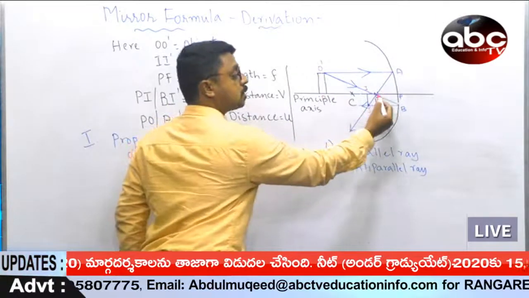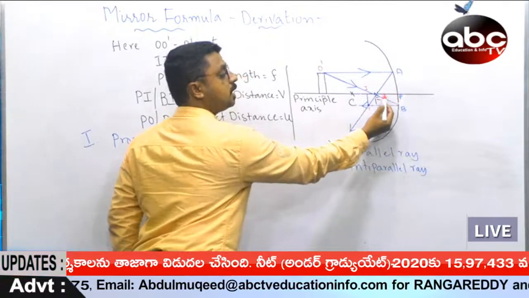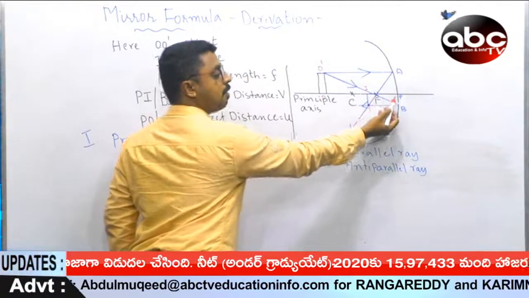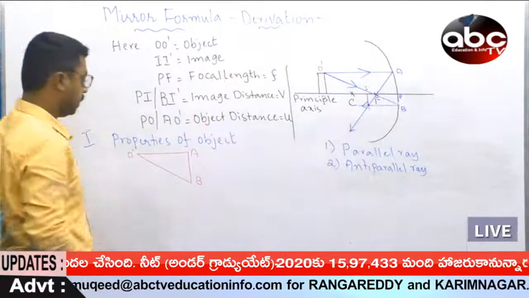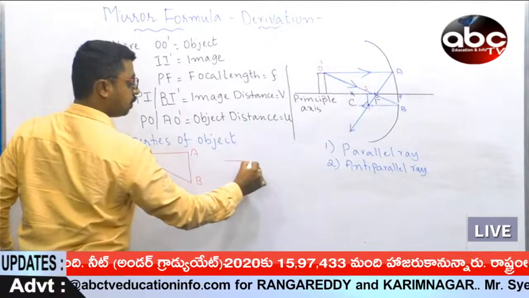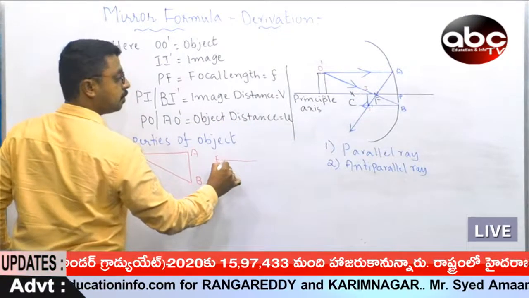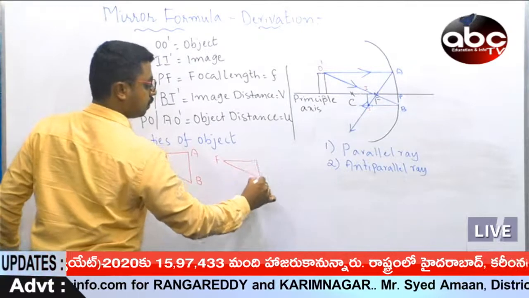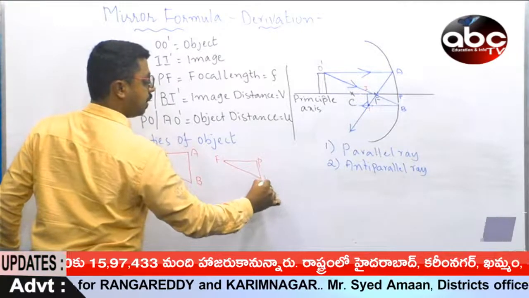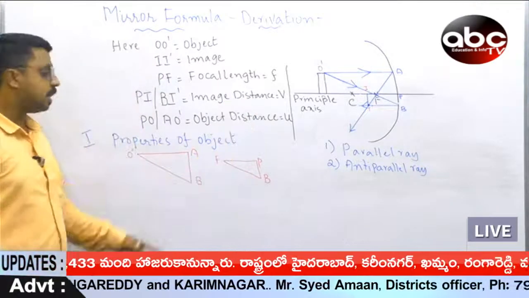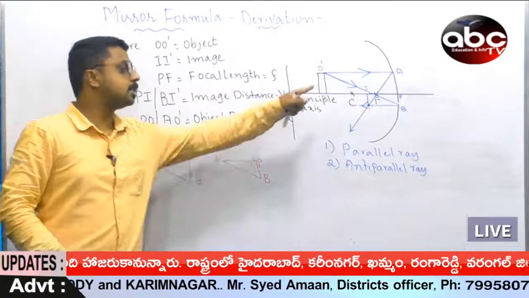There is a small triangle resulting here, the small triangle FPB. Even this is also a triangle which is possible here.